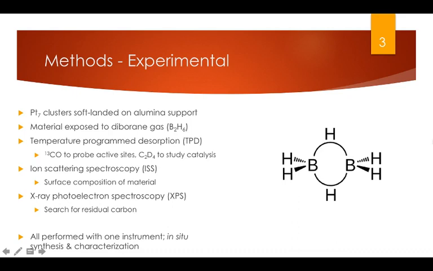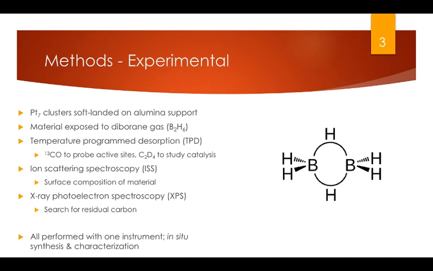They used temperature programmed desorption, or TPD, to study their catalyst. So TPD basically means you treat your catalyst with some sort of gas, and then you heat it over a certain temperature range, and you use a mass spectrometer to isolate the signal of the gas that's desorbing from your surface.